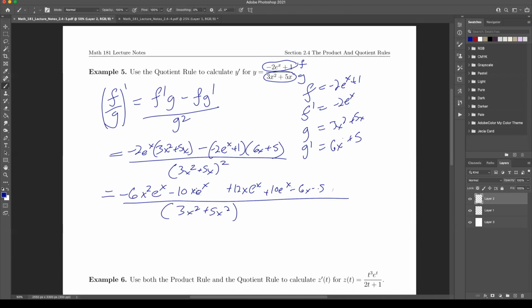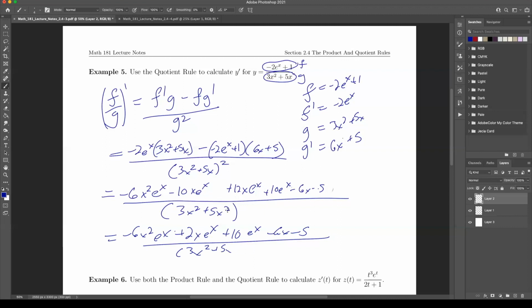And notice here, I can simplify the top just a little bit more if I wanted to. I make this negative 6x squared e to the x. These two come together to be plus 2x e to the x. And then one of these will be plus 10 e to the x, minus 6x, minus 5, all over 3x squared plus 5x, squared.